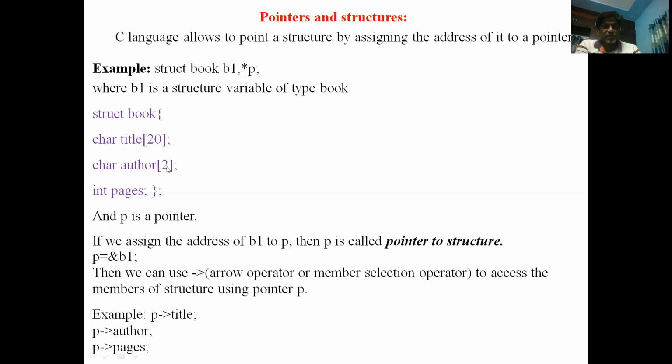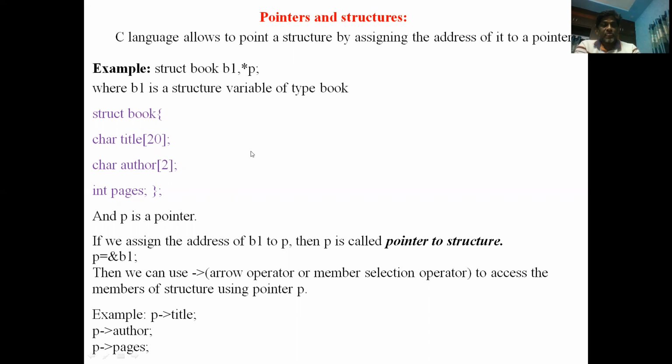Then you can create a structure variable struct book b1, and then you can refer to these members using b1 dot title, b1 dot author, b1 dot pages, and so on. We have already seen this example, and we wrote some programs to implement these book structures.